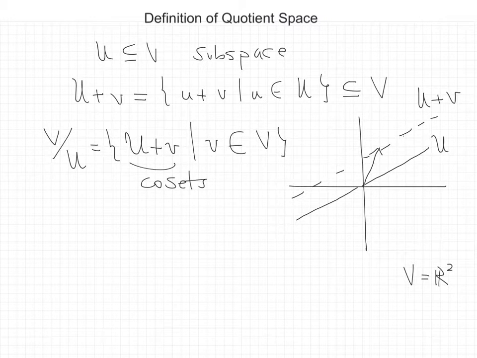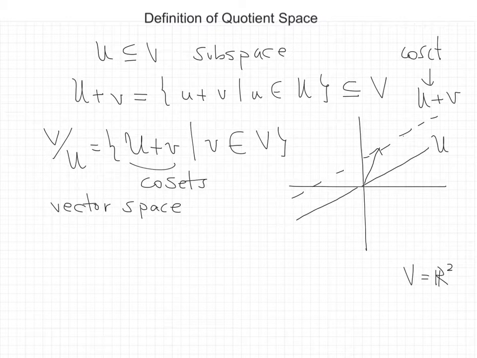So here we have drawn one example of a coset of the subspace U. And it turns out that this collection of subsets of V now carries the structure of a vector space.